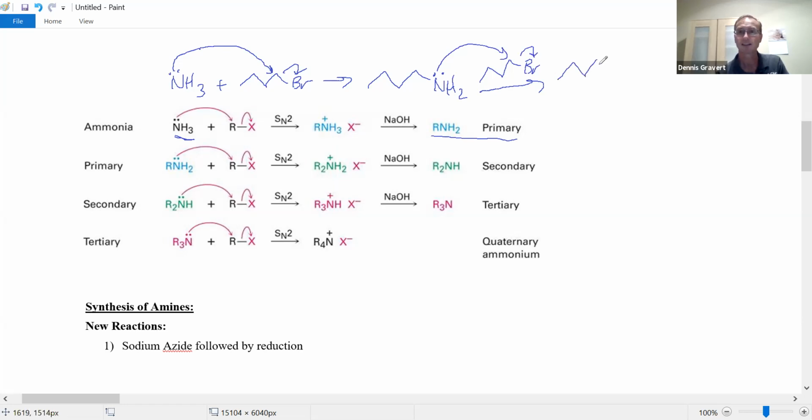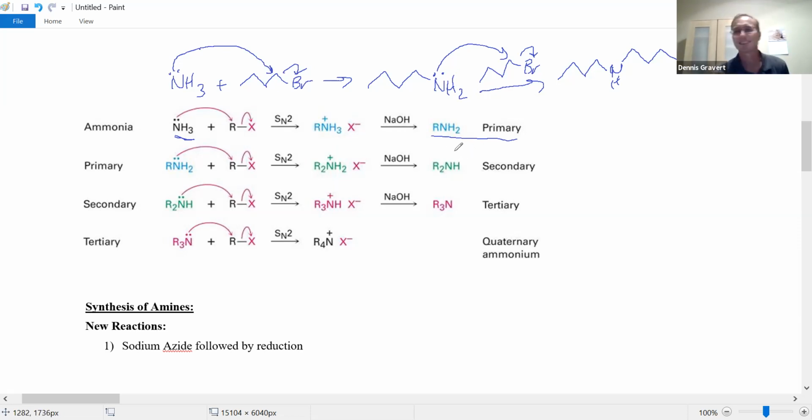and produce a secondary amine in this case. Well, I skipped a step, didn't I? I lost a hydrogen here. So you have to add a base to remove that extra hydrogen. In the course of the reaction, other ammonia, other amine can actually serve as the base instead of sodium hydroxide.